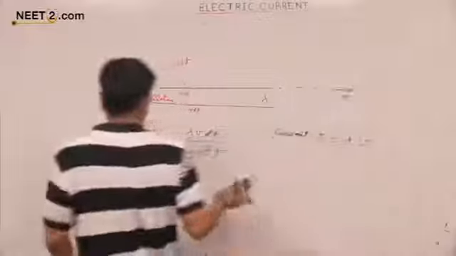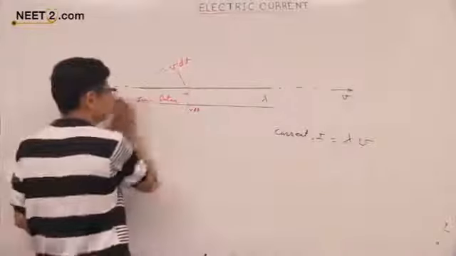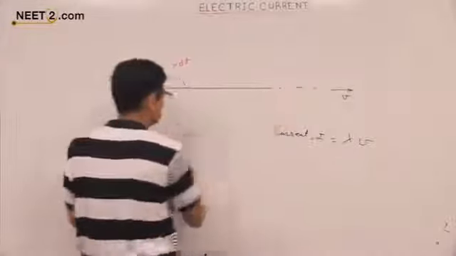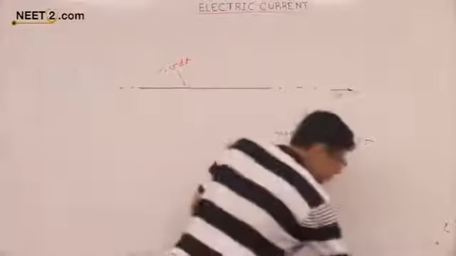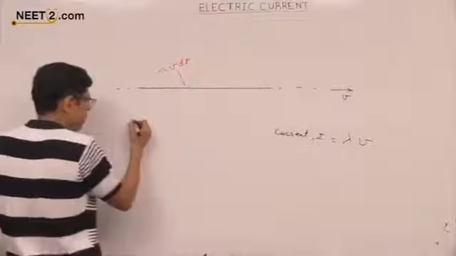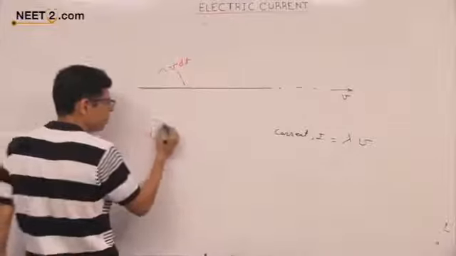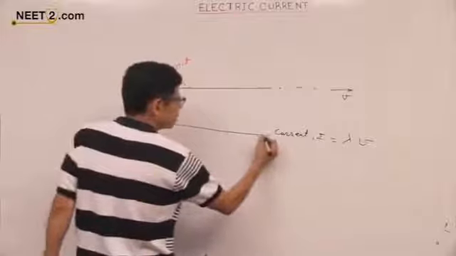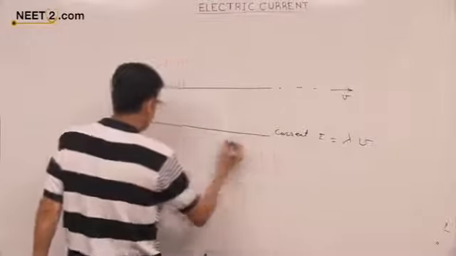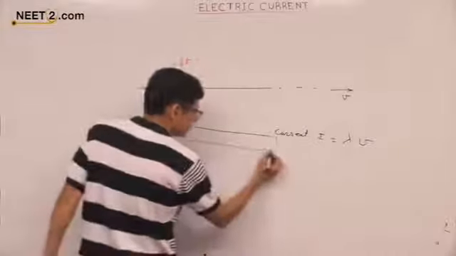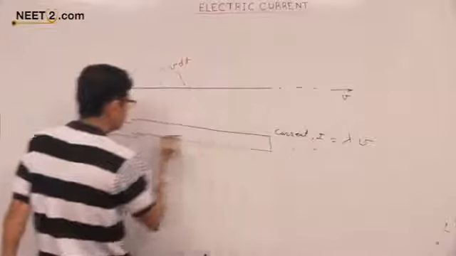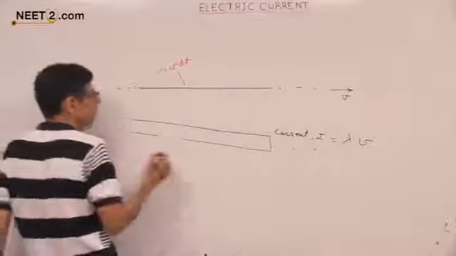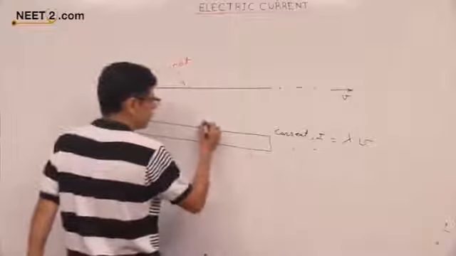Two more questions in this setting. This time I have a strip. I don't have a wire, but I have a strip. The strip is infinite in length. And the strip is moving with velocity v.